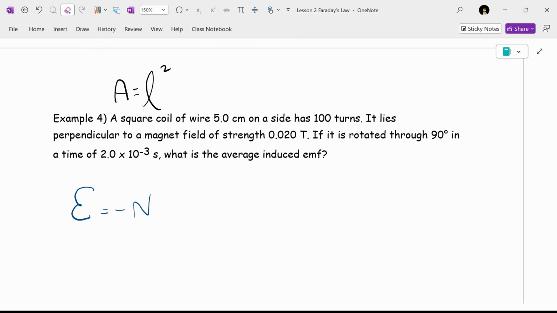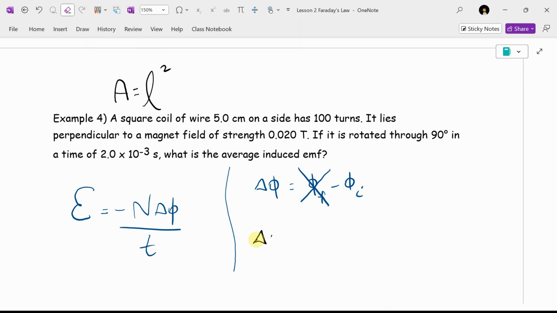I'll remember that. It wants the induced EMF. That's going to be negative N change in flux over change in time, but I'm getting lazy and I didn't even bother writing the delta T. I just put the T. Evan, what's N? How many turns of wire or coils? I'll remember that. I'm not going to write it down. I've got that in my brain. What I'm going to spend most of my time working on is the change in flux, which is going to be final minus initial, although we already realized the final is going to be 0.